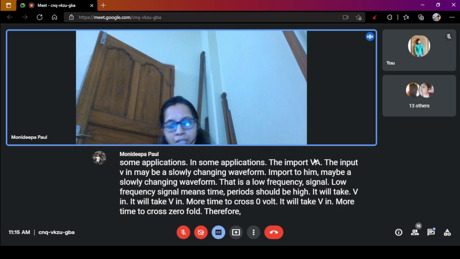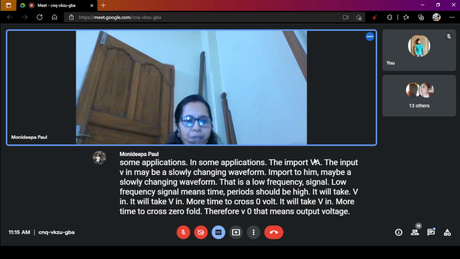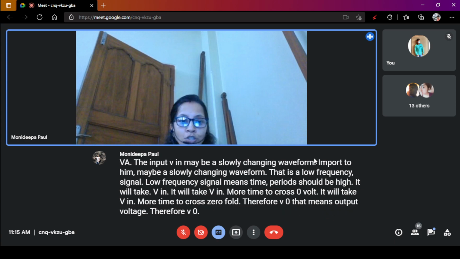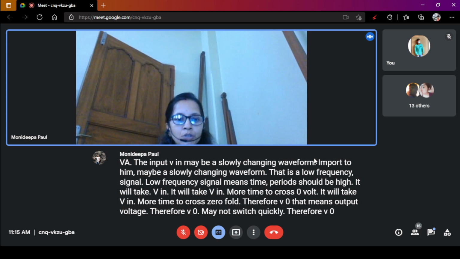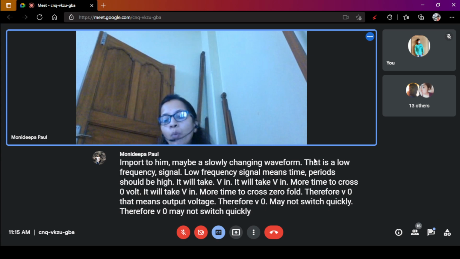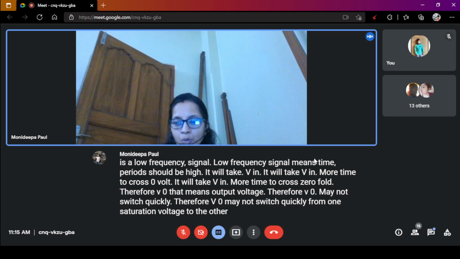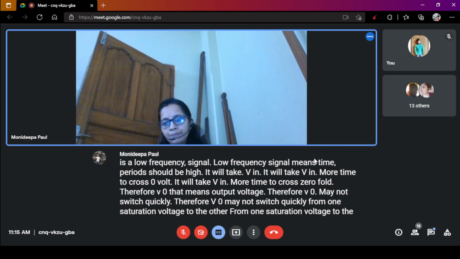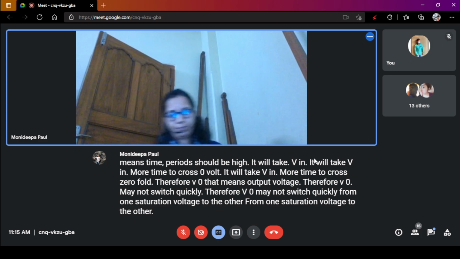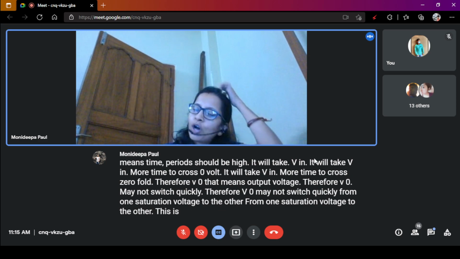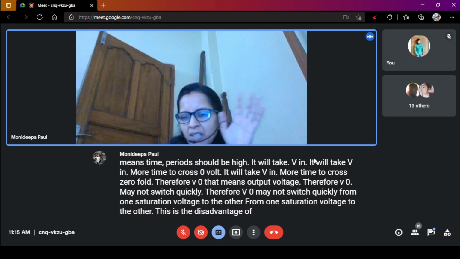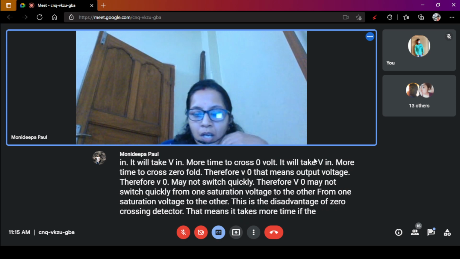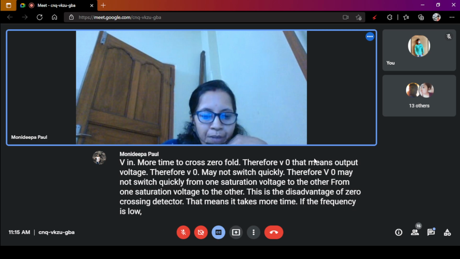Therefore, V0, the output voltage, may not switch quickly from one saturation voltage to the other. This is the disadvantage of zero crossing detector. That means it takes more time if the frequency is low. Okay? Any doubt?